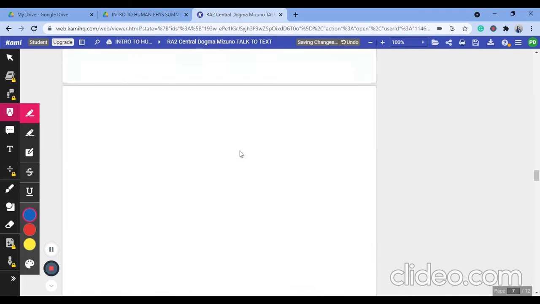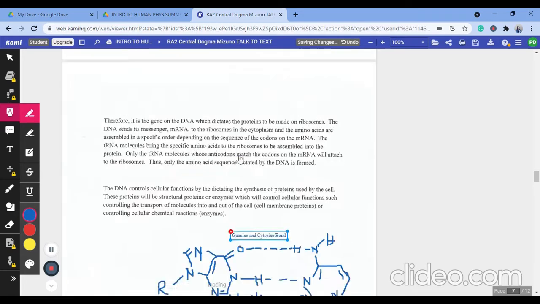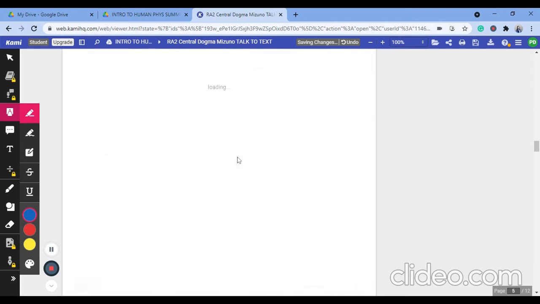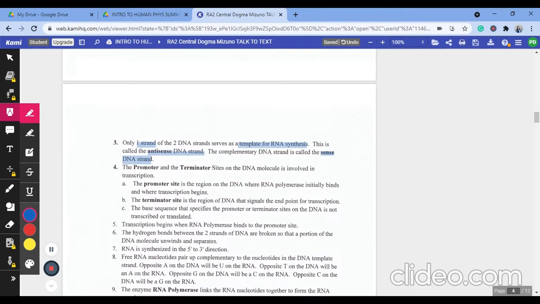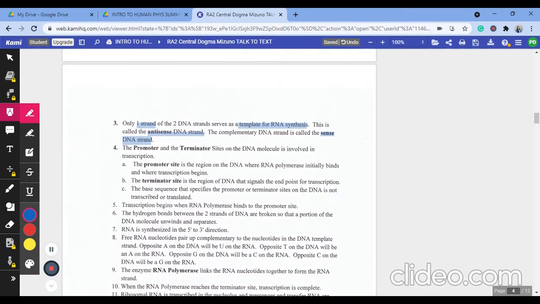Okay, so we still have a bit of information to go through, so I'll try to go over this pretty quickly. The promoter and the terminator sites are involved when a DNA molecule is in transcription.